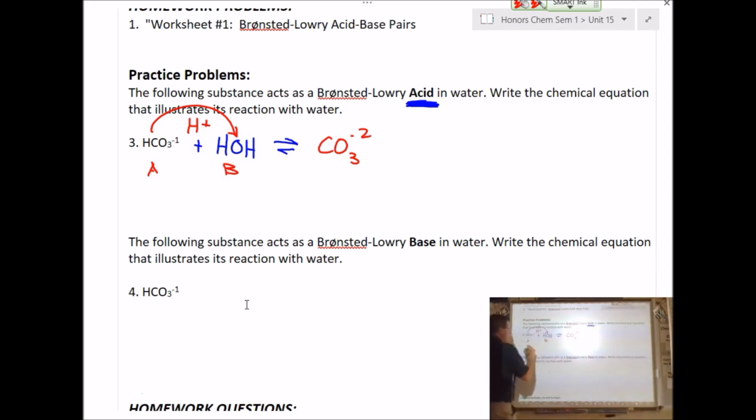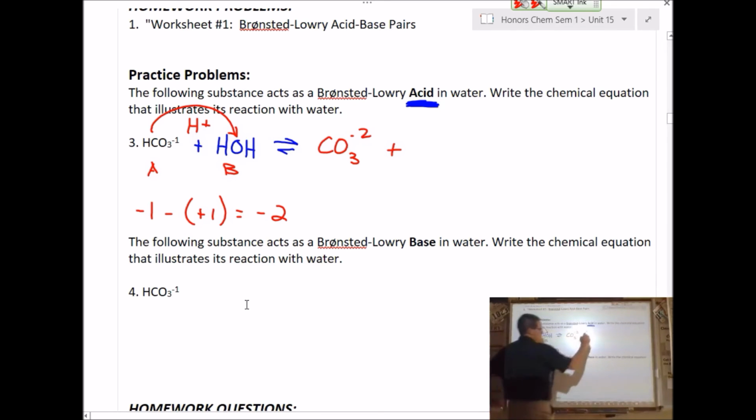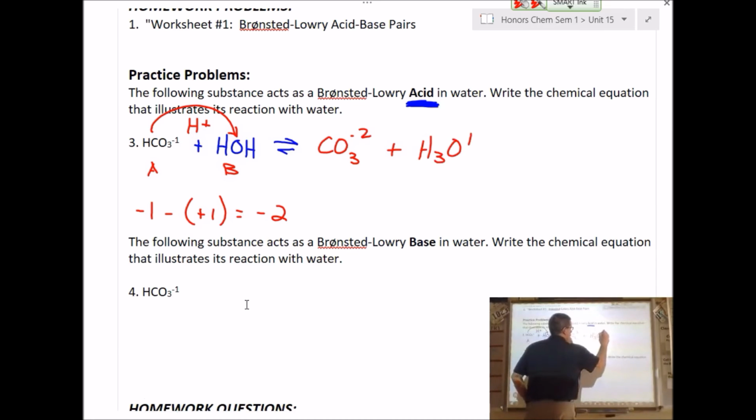And again, if you forget that, -1 minus a +1 equals -2. And CO3 is one of our 10 polys. So make sure you still remember the polys and the charges. And what else is produced here? H3O, hydronium, with a +1 charge. Hydronium.